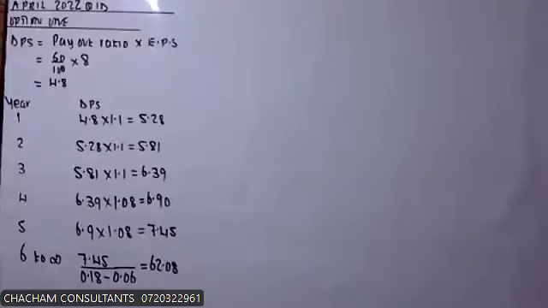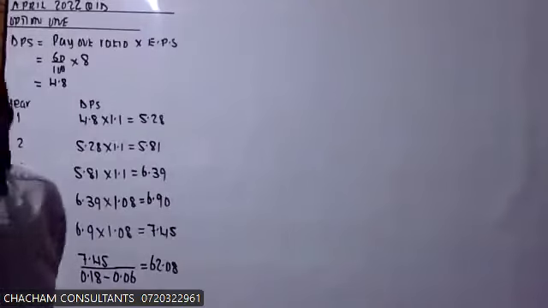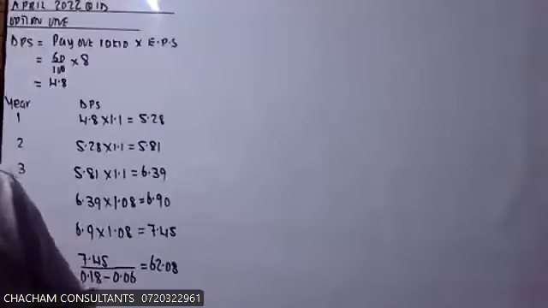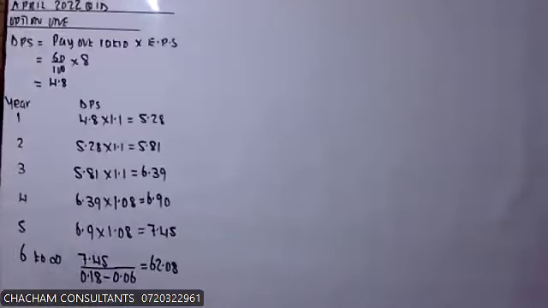Now from there, we need to get the present value because the question is asking us to tell what is the best option. So we must discount up to now.